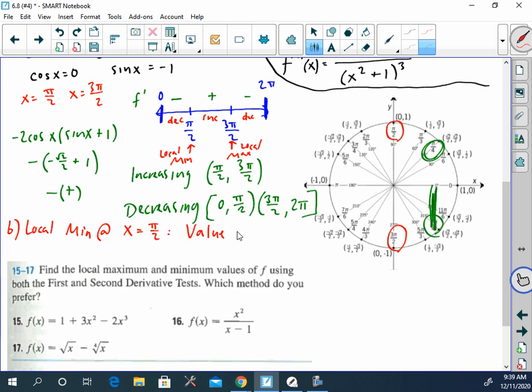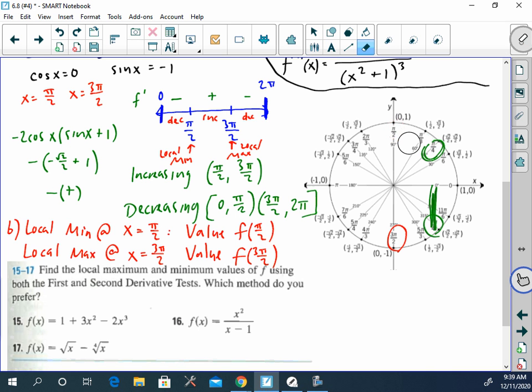So we'll do that in a second. And same idea with the local max at x equals 3 pi over 2. And to find the value, we're going to plug it in. So we're going to plug into the function, right? Because we want to know what the value of the function is there. So plug into that.